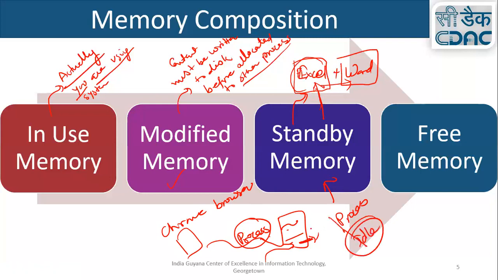So that is standby memory. It means it's allocated to a particular process, but the process is idle. Okay, and then free memory means it's just free memory. If you require some memory, it is allocated from the free memory. Good.